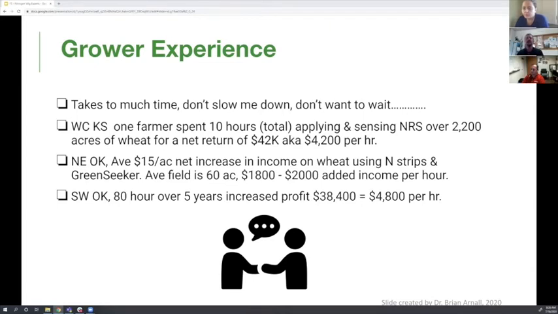My last point on the corn side, as we move with corn, I cannot get a corn farmer not to put on 180 kilo to 300 kilo in some cases per hectare pre-plant. So what we've done to still allow them to put on pre-plant and manage that is have 0 N blocks. And this was first developed by Virginia Tech, where they use 0 N blocks, and kind of look at it backwards.